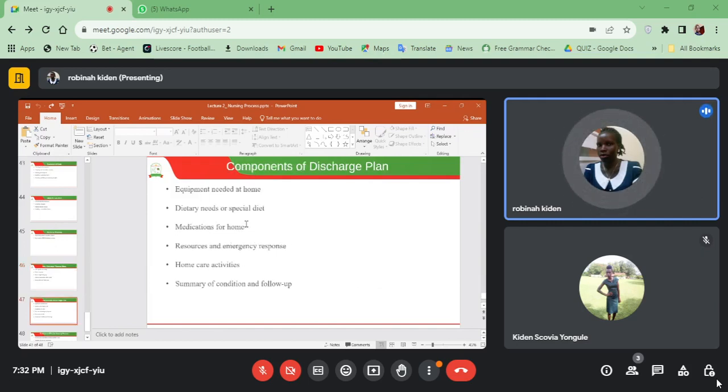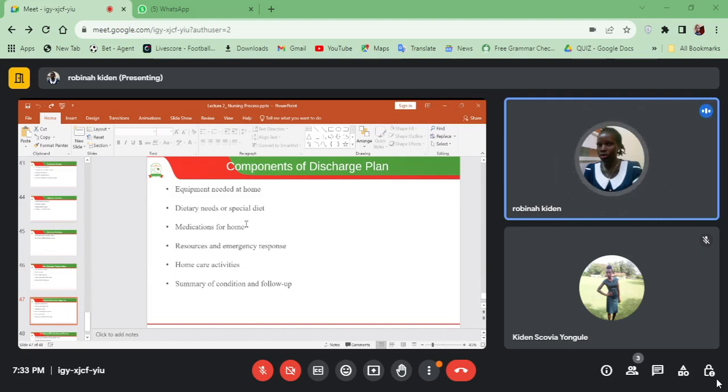Components of the discharge plan are the following. We have equipment needed at home. For instance, if you're discharging someone who is bedridden, you will need equipment like a bed or an area that is specifically designed for the care of the patient, because it's going to be a nursing home.